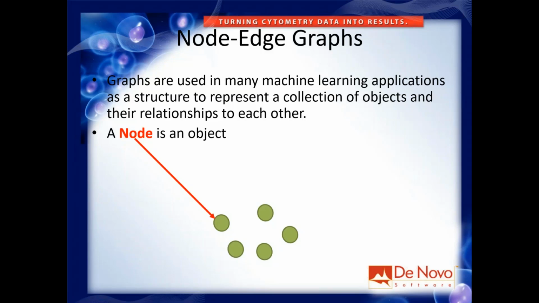Either I have too many dimensions or I have too many cells, and literally the computer is just taking forever to deal with any of it, or I need it summarized. I can't look at 40 different parameters. I don't really believe I have 40 different distinct pieces of information. I really need to track the 19 cell populations I have. How can I track them? How can I find them? And that's the goal of these.